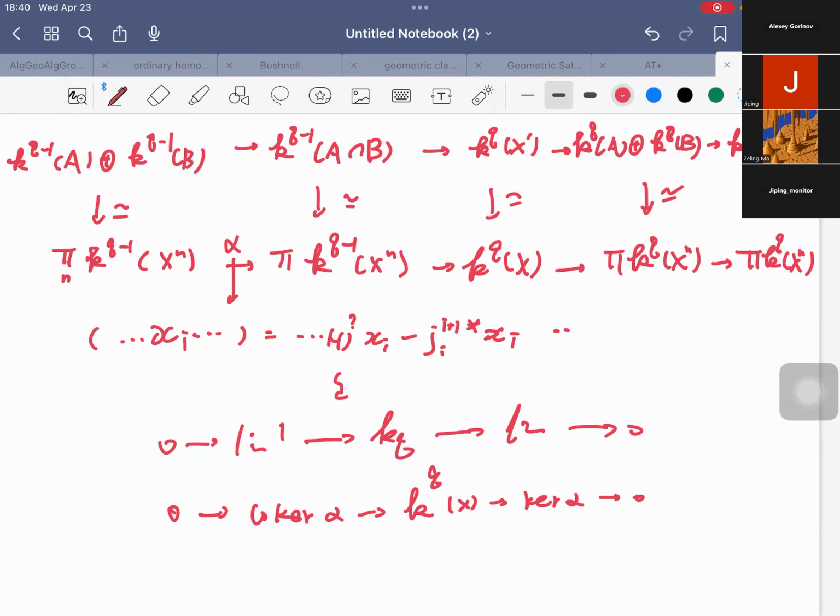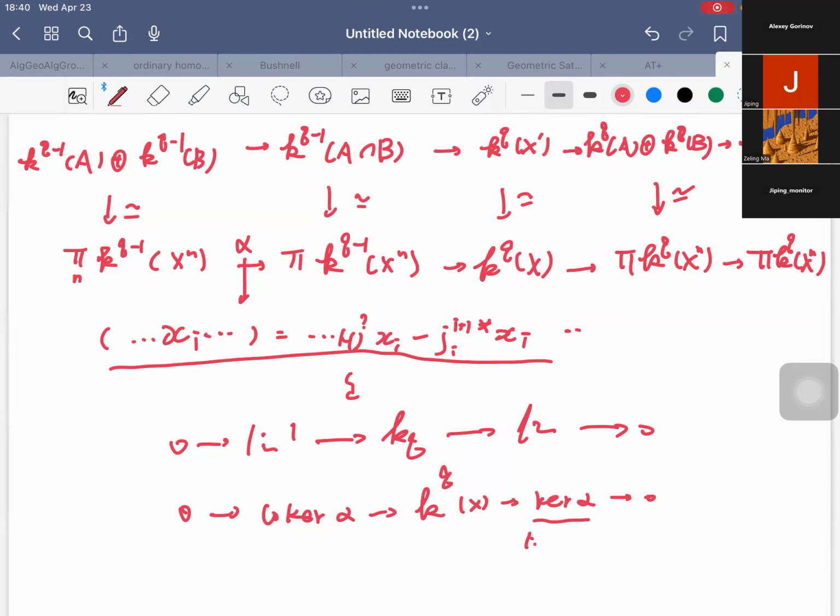Well, there's just one. The co-kernel here is the inverse limit.